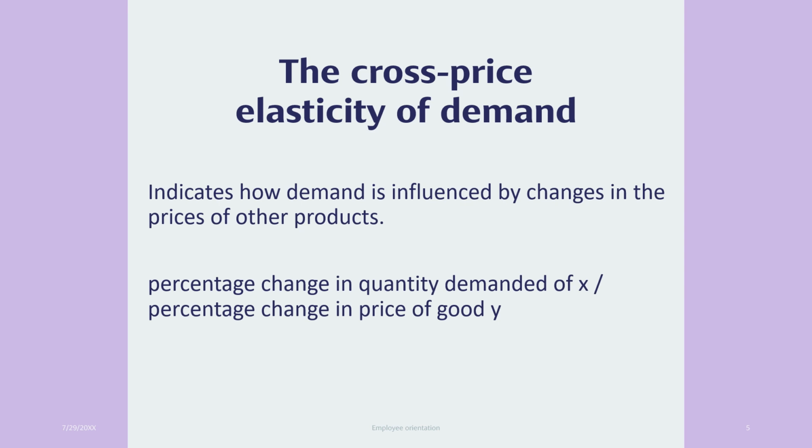The people will say, what is our loss? We will use our phone torches, right? So, the rise in the price of the batteries will affect the market of torches as well, and it is calculated by the percentage change in quantity demanded of X divided by percentage change in price of good Y.